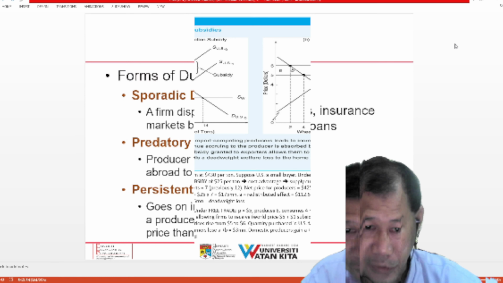So that's dumping. Forms of dumping: sporadic dumping, where a firm disposes of excess inventories in foreign markets by selling at a price below the domestic price. Predatory dumping: producers temporarily reduce prices abroad to drive foreign competitors out of business.